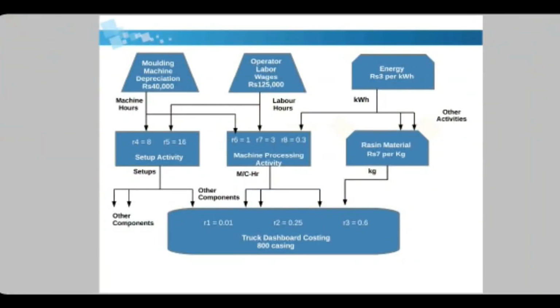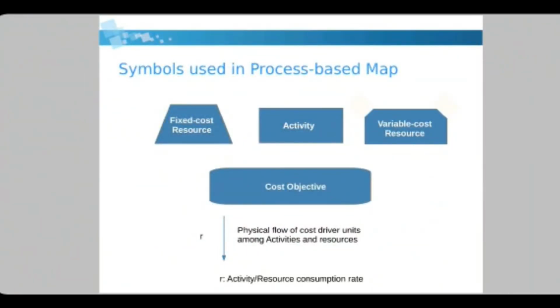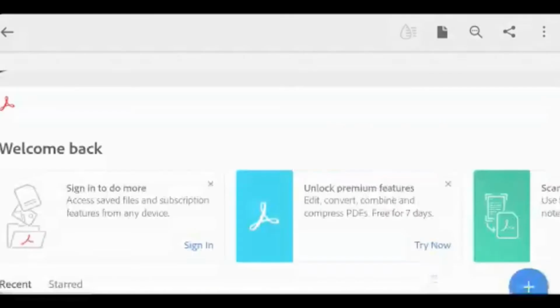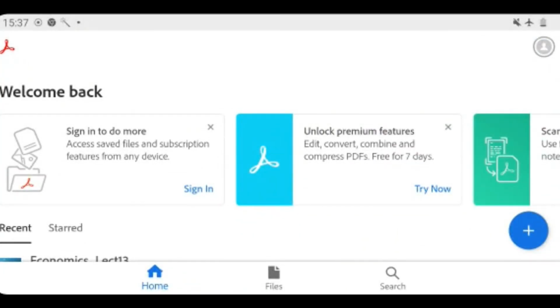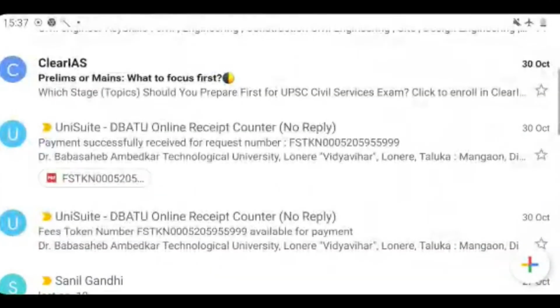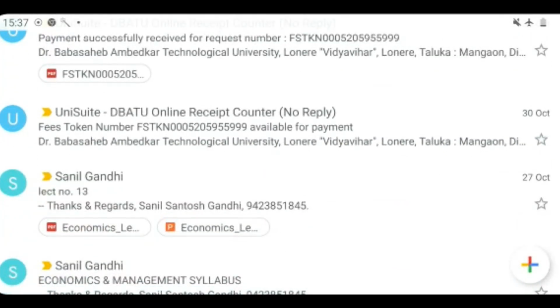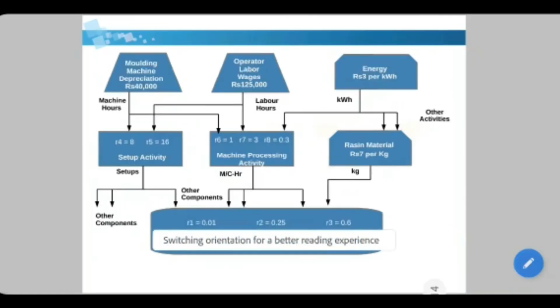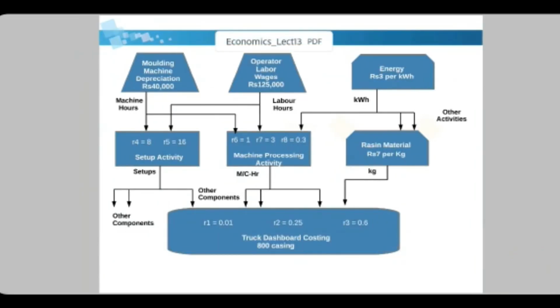So there is one example. The first symbol is used for fixed cost resources.